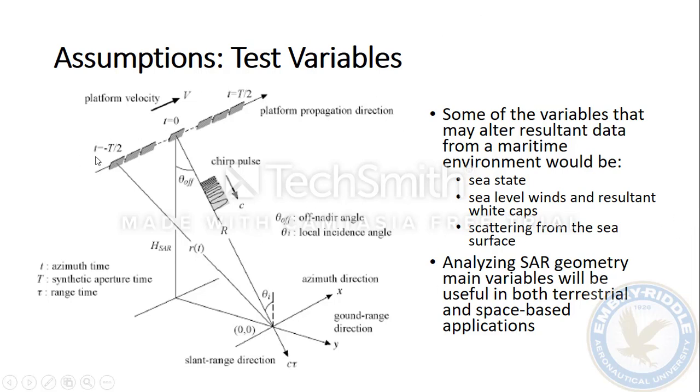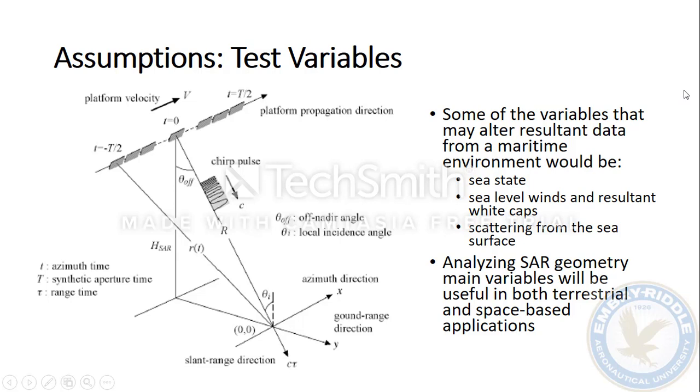So what this figure is basically doing is just highlighting some of the associated test variables. Again, platform velocity as it's moving across, chirp pulse will be discussed later. This XY focal point is like that fine or wide angle resolution, or that coverage that we were talking about before. And then this H sub SAR is the altitude being used for the vehicle to gather that SAR solution.